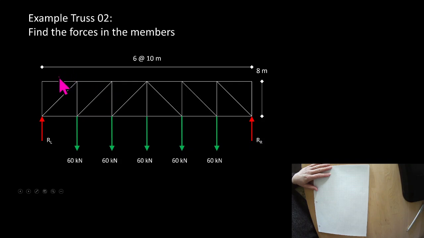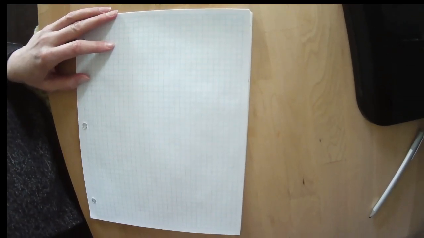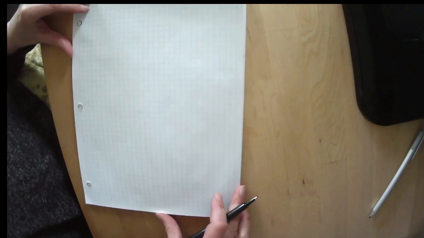We have 6 bays of 10 meters, and it's 8 meters tall, and we've got 60 kilonewtons applied at each bottom chord node. So the very first thing we do is, we're going to get in the habit, again, of drawing our truss.